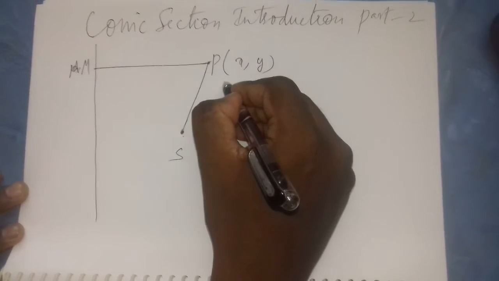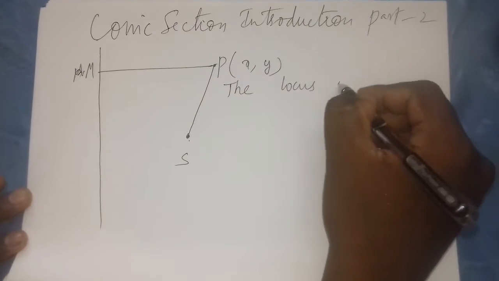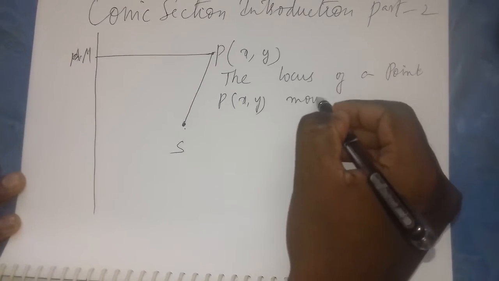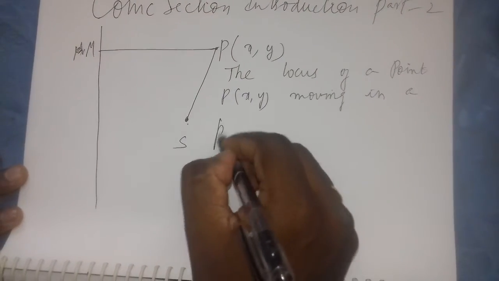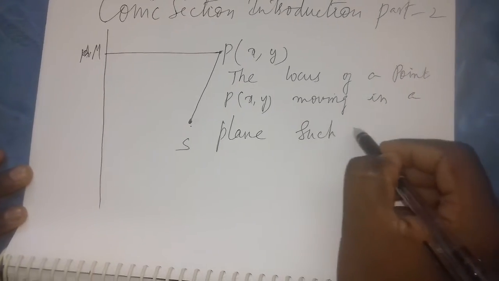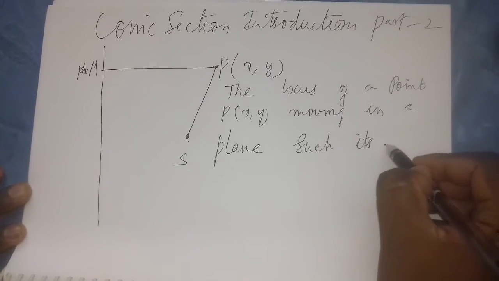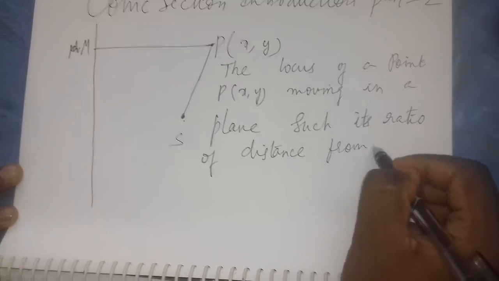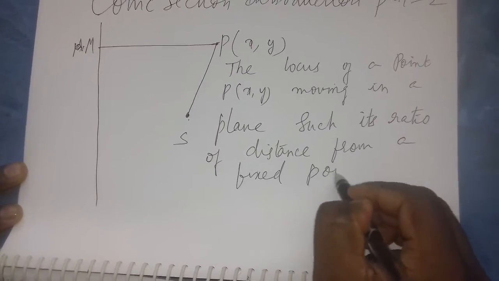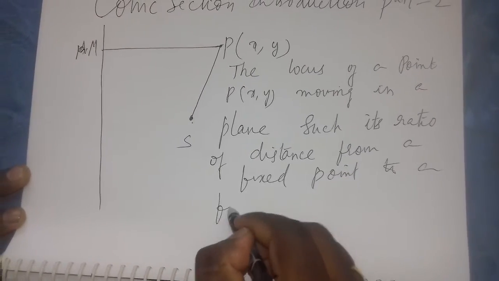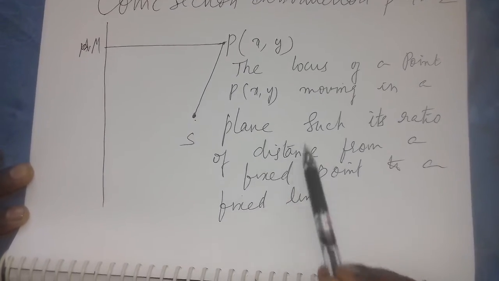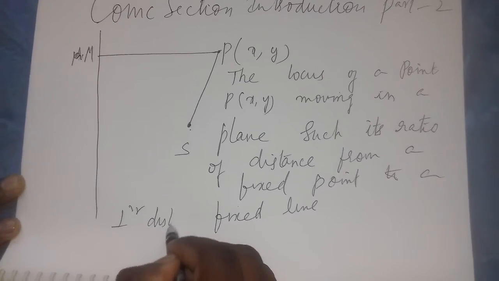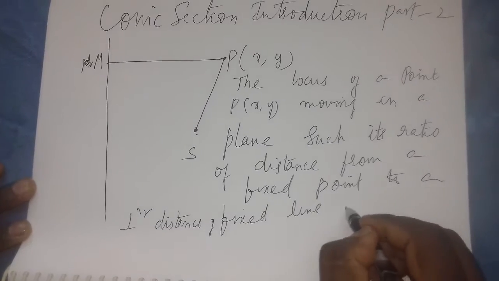So I repeat, the locus of a point P moving in a plane such that its ratio of distance from a fixed point to the perpendicular distance of a fixed line is always constant.